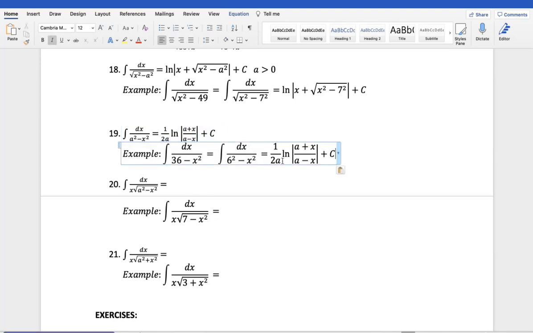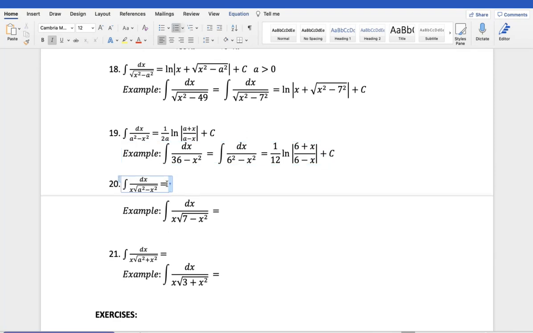And therefore, this integral is just equal to 1 over 2 times 6, which is 12, multiplied by ln of 6 plus x divided by 6 minus x, all under the absolute value sign, plus our constant of integration c.